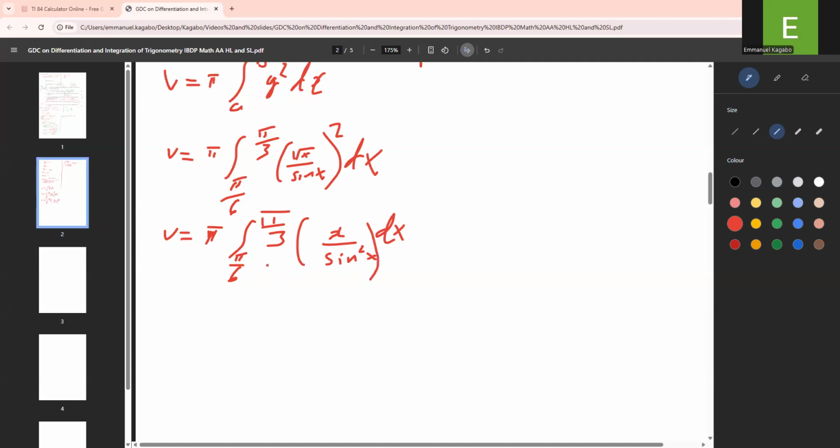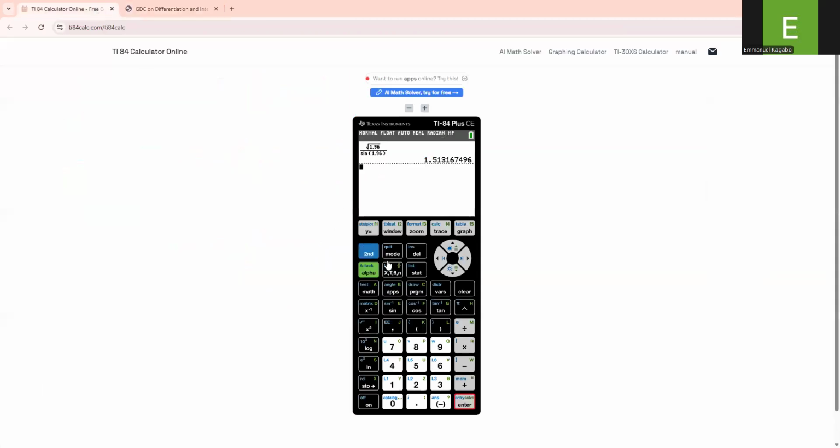Very good. Should we do that in our GDC? Guys, are you ready? Good. Let us do it in our GDC very fast. I clear everything. So where do we find integration on our GDC? We find it in math, and it's 9. Okay, click there. So my values are going to be pi over 6. Oh, my bad. Sorry, one more time. It's going to be math 9.